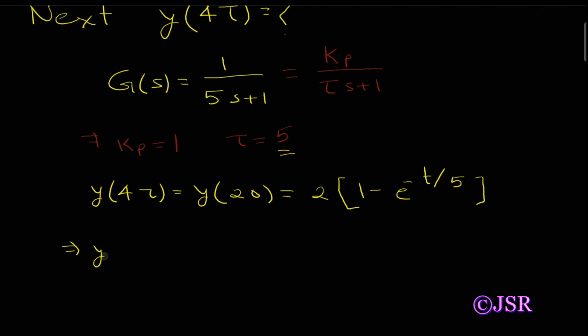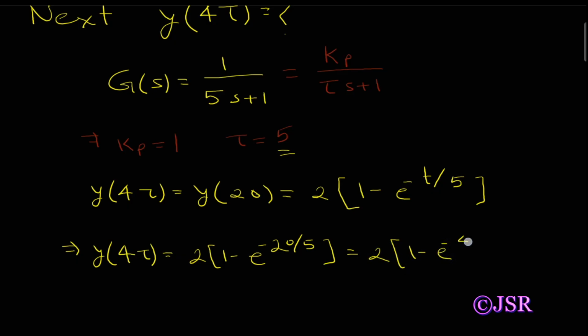Therefore y at 4 tau will be equal to 1 minus e to the power minus 20 upon 5, and this will be 1 minus e to the power minus 4.